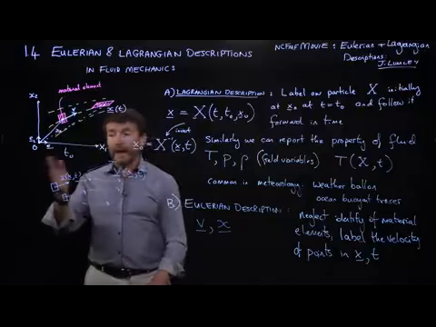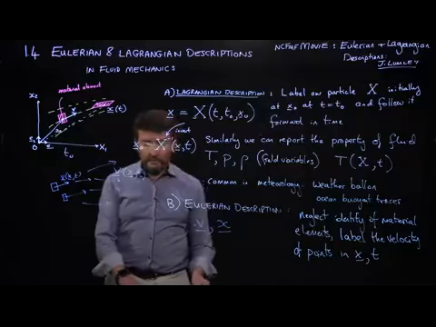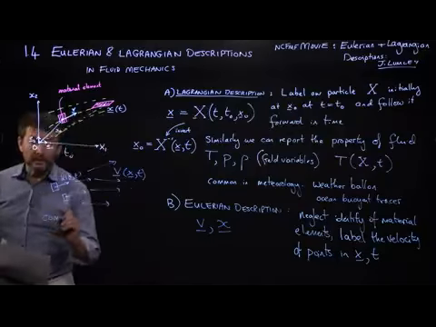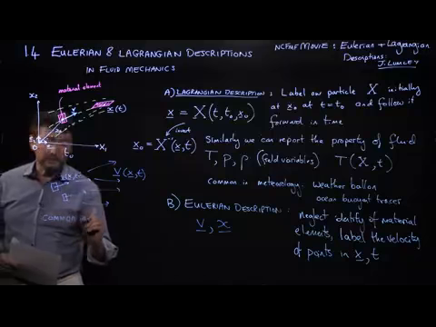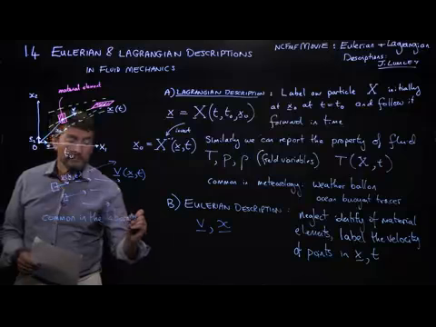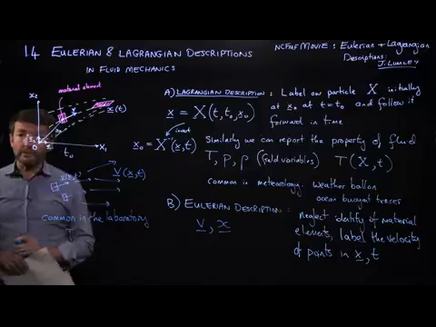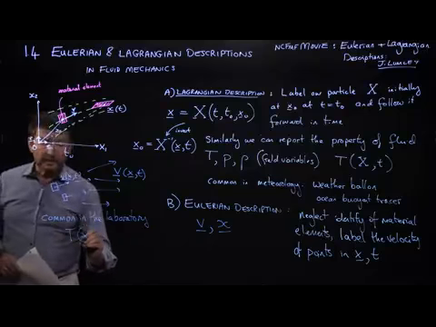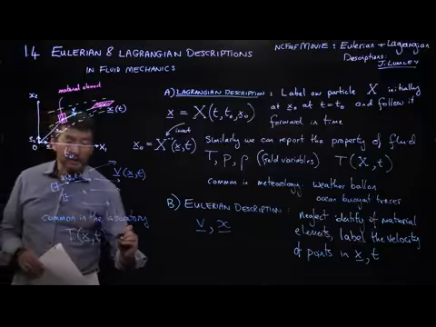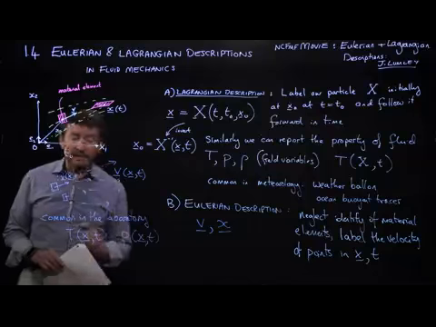We, of course, lose track of any individual piece of material, but this is the way that we would typically describe things in the lab. So we'll say this is very common in the laboratory environment. Because it's very easy for me to give you a thermocouple and ask you to measure the temperature at different places in the lab environment, or maybe measure the pressure at different places in the lab environment.